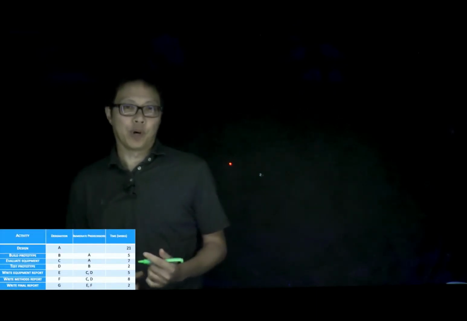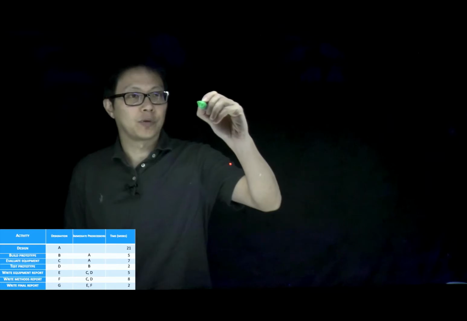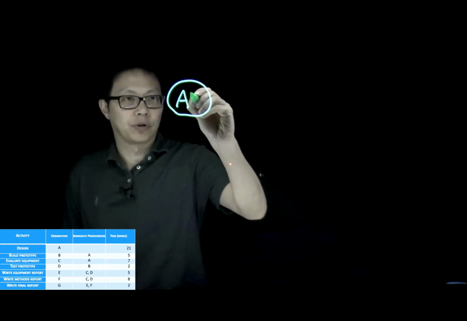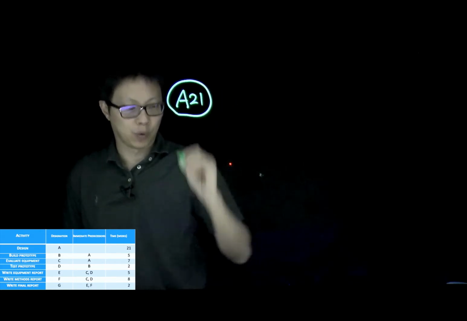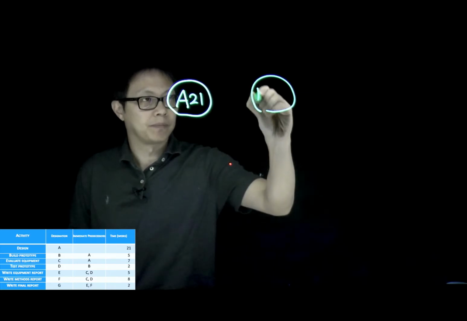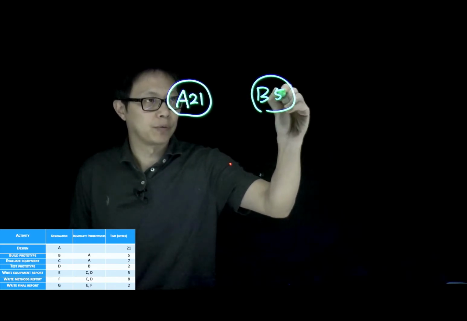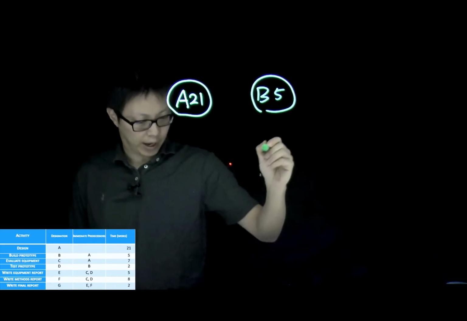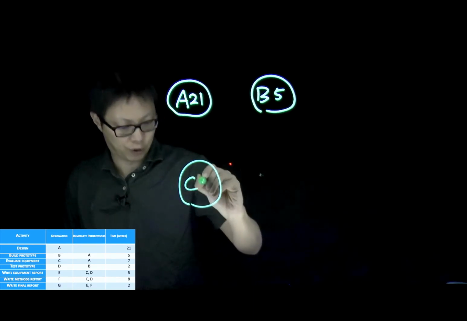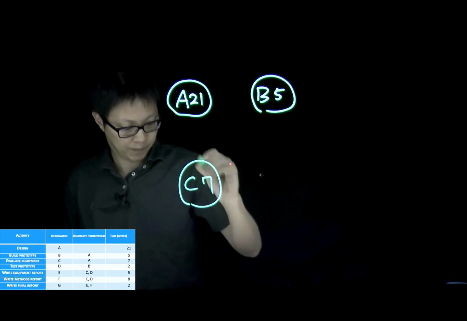In this example, we know there are 7 activities. First we have activity A. The duration will be 21. We also have activity B. Duration will be 5. Activity C, let's put it down here. Duration will be 7.